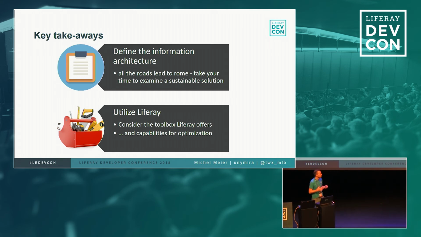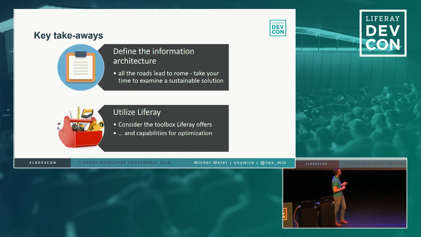So I recommend take your time, investigate, do some POCs, and then examine what is the best solution for you, what is a sustainable solution. Because as I said, the project is going on in further steps, and if you crash it from the start, you will have a lot more effort to fix this in later stages.